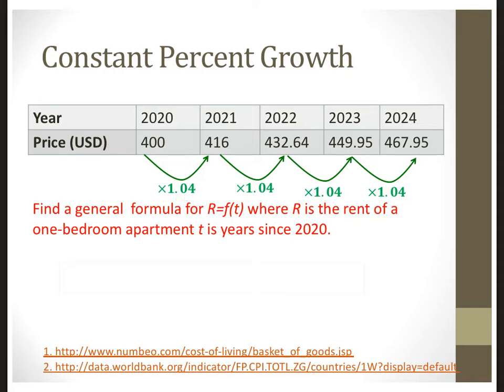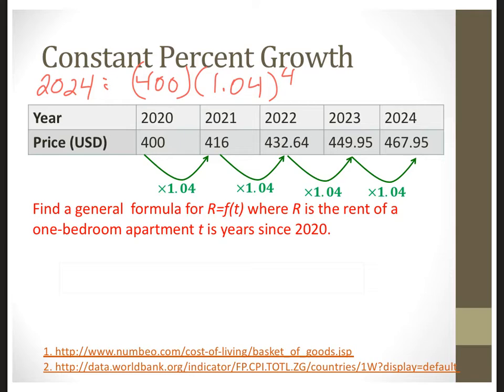So for example, we could have calculated our rent in 2024 by simply saying my rent initially was $400, and to get to my rent in 2024, I had to apply this factor once, twice, 3, 4 times. So I could have calculated this in one shot, and that would take me straight from the value here 4 years later down here.